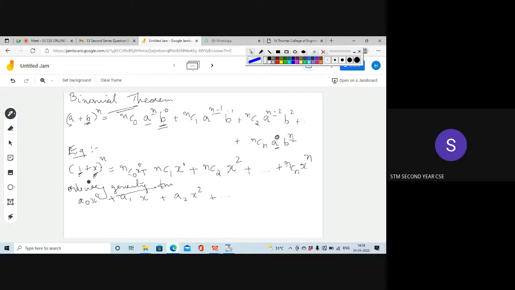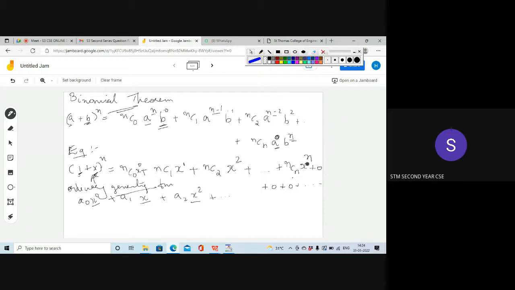So when we expanded this sequence as in the binomial theorem, we found that the powers of x are similar to those of the ordinary generating function. The only difference is that the binomial series terminates here. So what we have to do is add zeros and make it an infinite series, since a generating function is usually an infinite series.